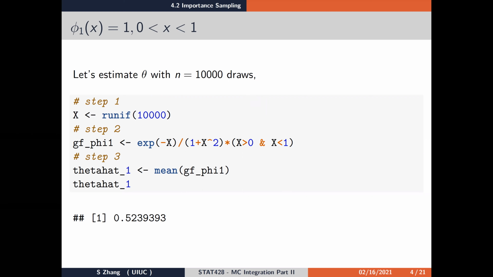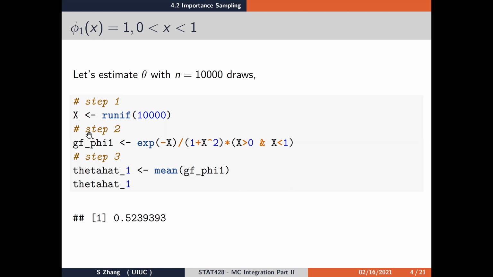So n is equal to 10,000. Then let's implement the 3 steps for the importance sampling. First step is drawing the x's from the importance function. So we know that in this case, our importance function is the density of the uniform distribution. So we just draw x following standard uniform distribution and obtain 10,000 draws.